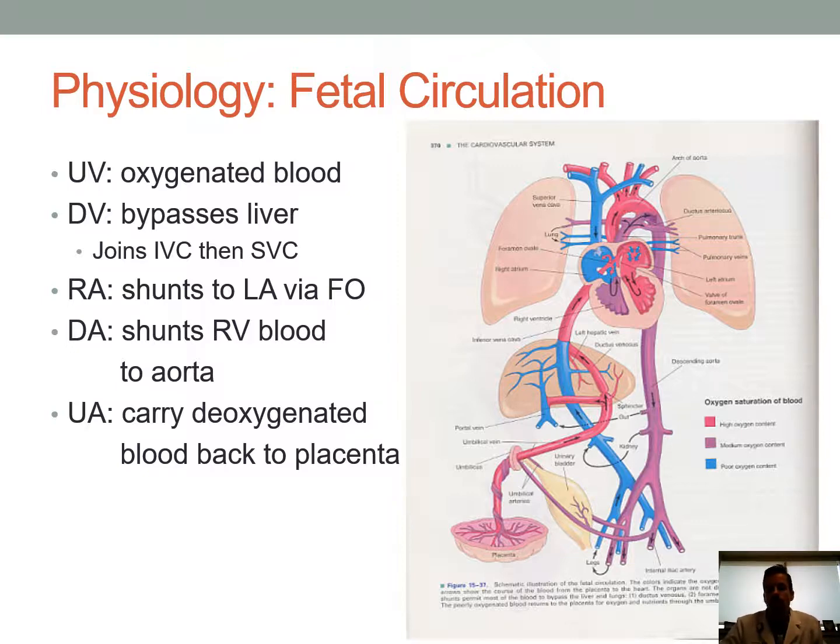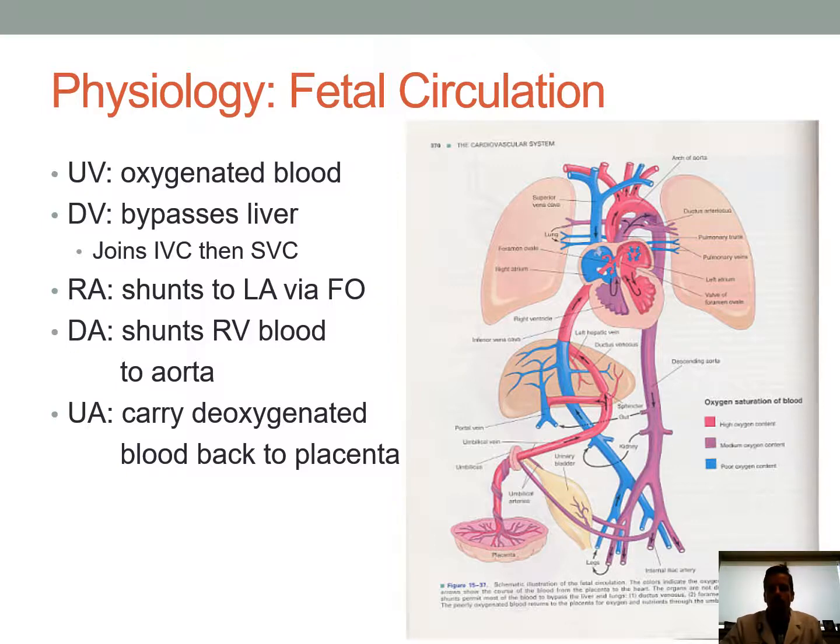Some of it does drop into the right ventricle, and from the right ventricle, it is pumped partially into the lungs and partially through the ductus arteriosus and into systemic circulation. Blood that goes through the foramen ovale and into the left ventricle is all sent towards the fetus's systemic circulation.